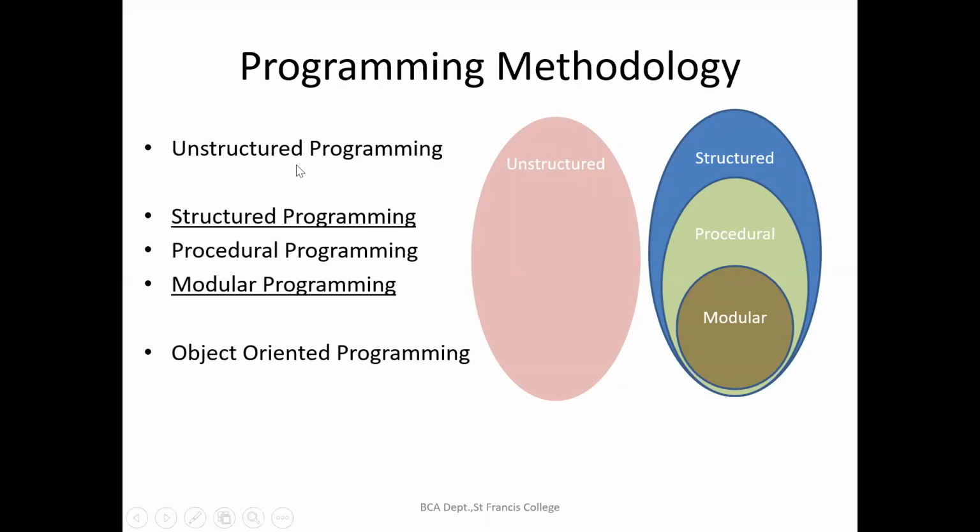In the beginning, they all started with unstructured programming languages. I'll tell you what is unstructured; just for your understanding, I'm keeping one slide. So we had unstructured programming. After that, with a delay, we started structured programming. Our C, C++ and so on come under structured programming, whereas BASIC or Fortran are a little unstructured.